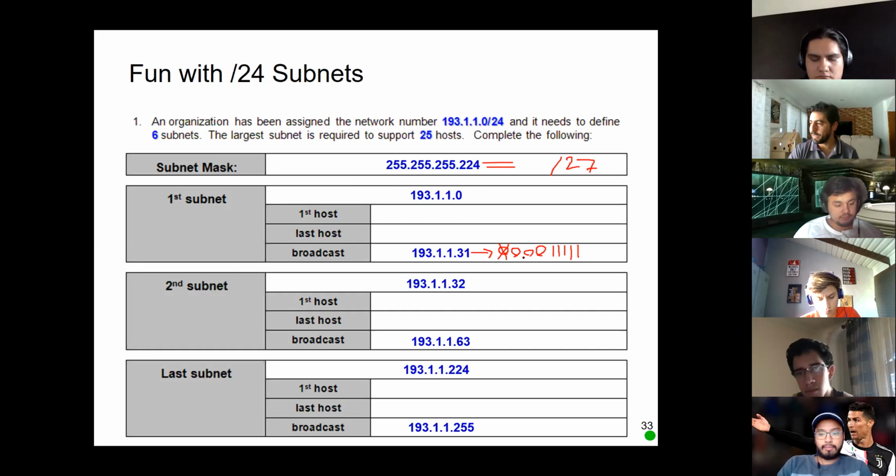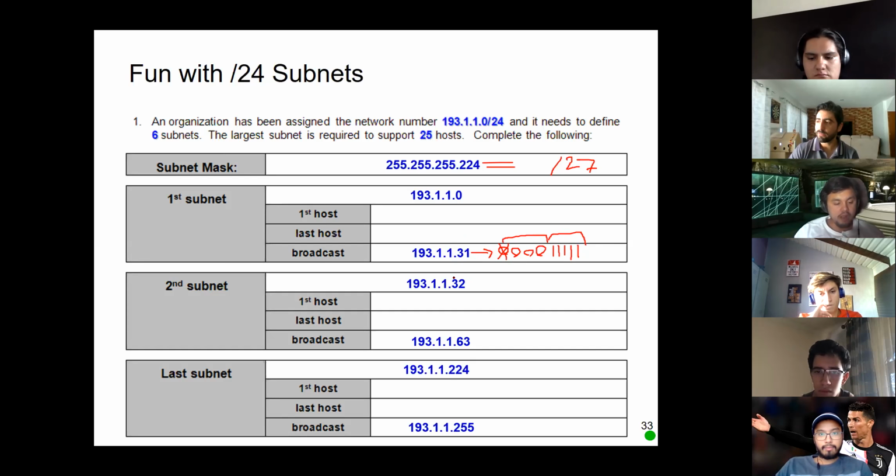So remember, these 3 bits are your network part. When we said all ones is the broadcast address, we are talking about the host part. This is your host part, so this is your broadcast address. These are the 5 ones in binary, and if you convert them to decimal, it becomes 31. So here you put 31.